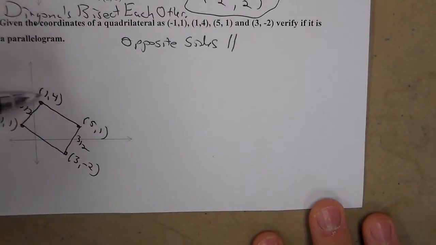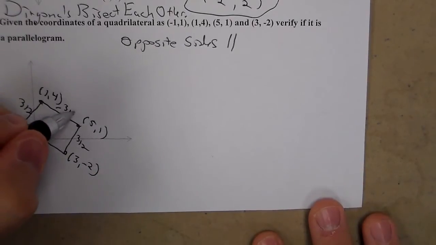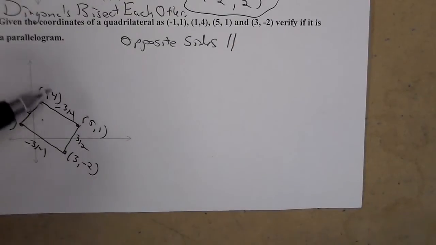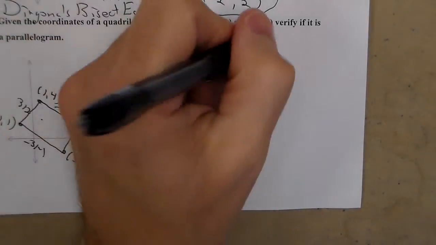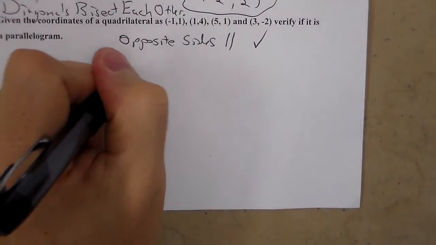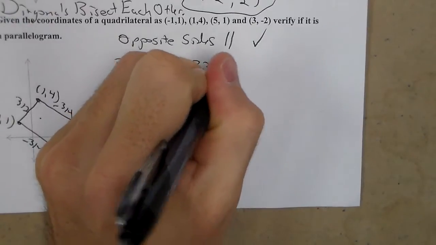The slope for this side, it went down 3 over 4. Here it went down 3 over 4. So I see I have slopes of -3 over 4, and 3 over 2. So we know opposite sides are parallel. That means we got a parallelogram. Another option is to look at diagonals bisect each other. And that's where we're going to take midpoints.